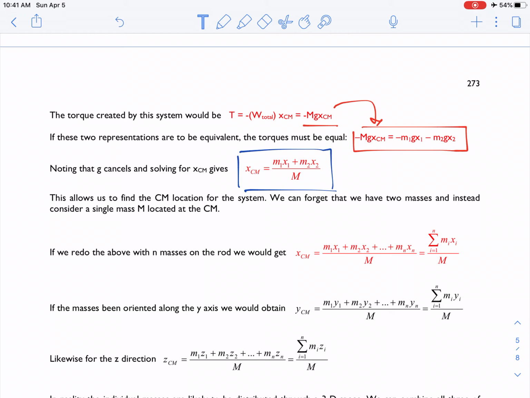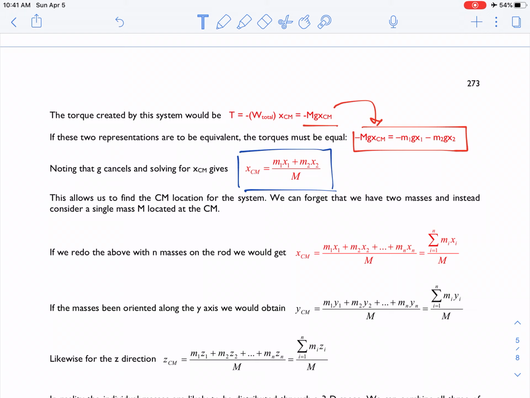And you can now use this specific equation coming from a specific example, but make it more general. So if we had more than two masses combined, then we would just keep adding them. And how do we do that? We find the location of the added mass from the pivot point, and if it's the third one, we would say that is x3 and mass 3. And again, all those x's are measured from the pivot point.